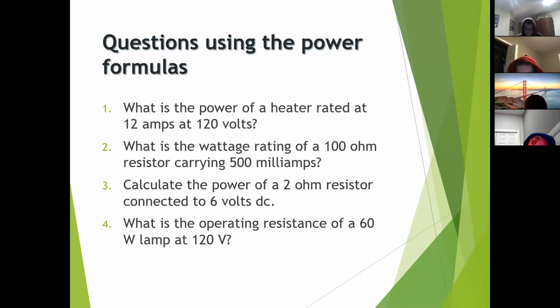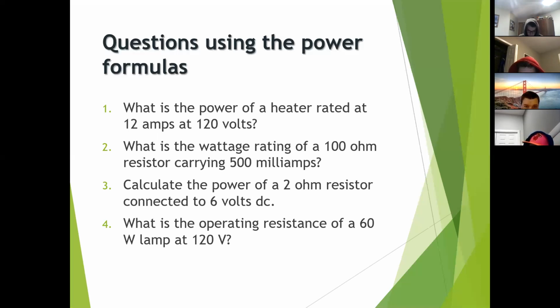If you hear the term, what are your IR losses or power losses, it's really dealing with this formula. So we're going to take our current of 0.5 amps, square that, and then multiply it by 100 ohms to give us our losses or our power rating or wattage rating of 25 watts. Okay, and that's how that one goes.